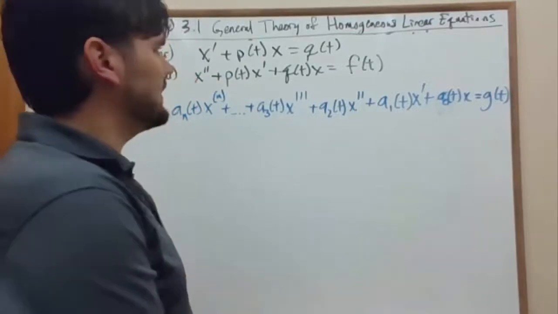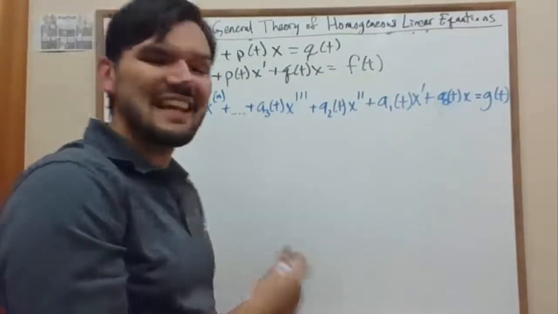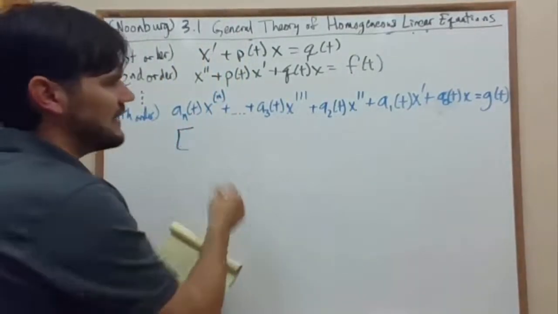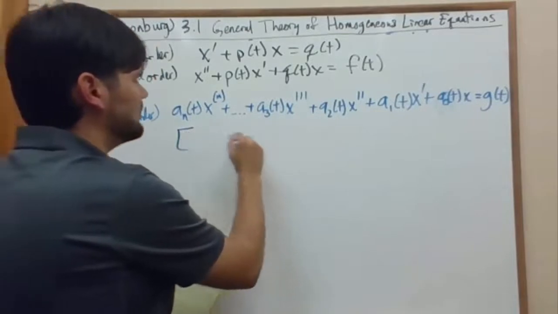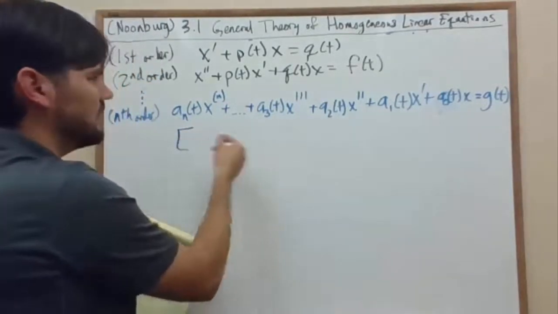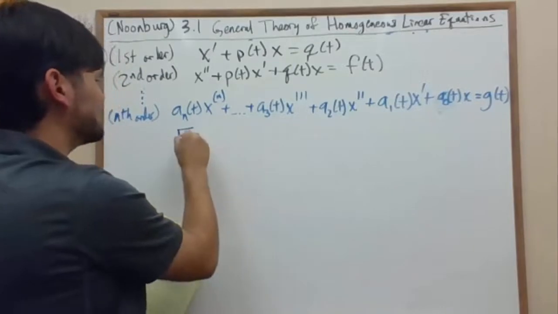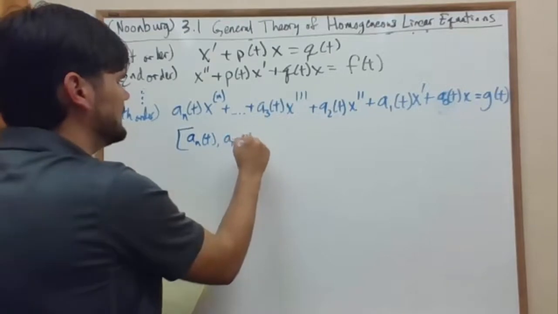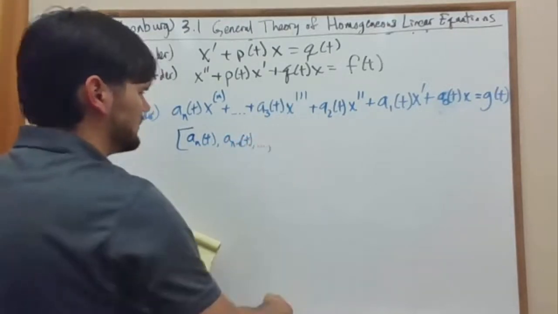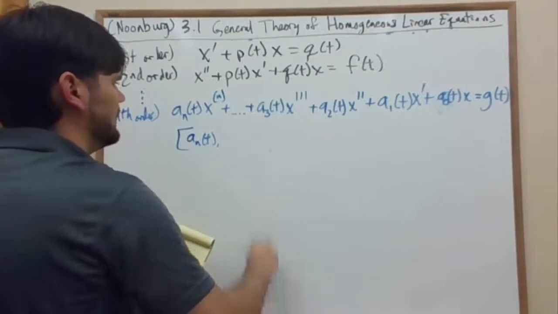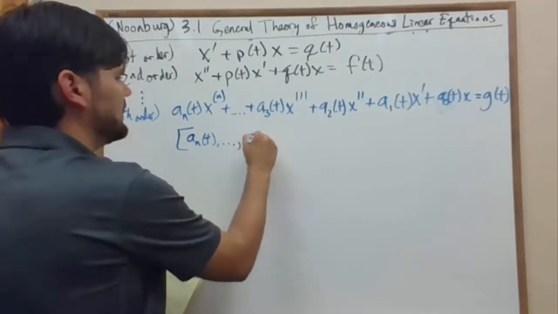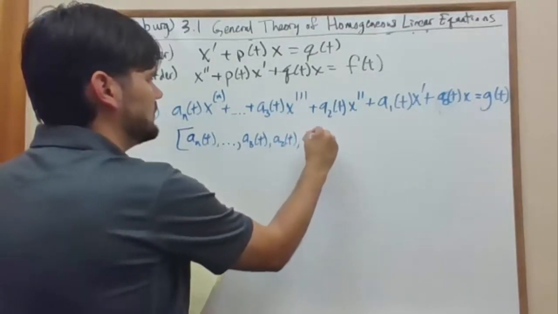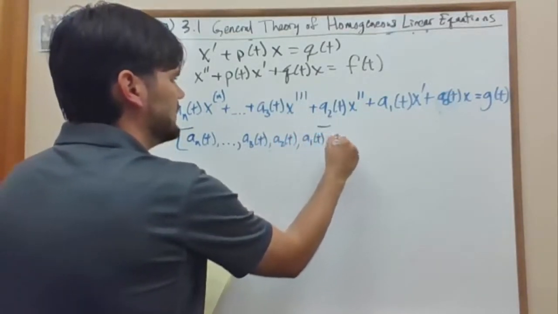One other thing to think about is that this sum is a linear combination. In fact, you can write it as the row vector or very wide matrix a n of t, then a sub n minus 1 of t, and so on down to, I'll just erase that, we didn't actually write that one down, dot dot dot, a3 of t, a2 of t, a1 of t, a0 of t, almost forgot that one.